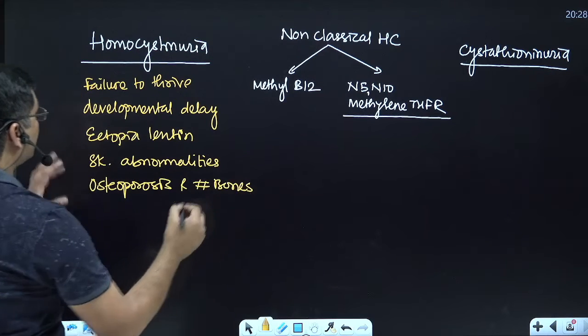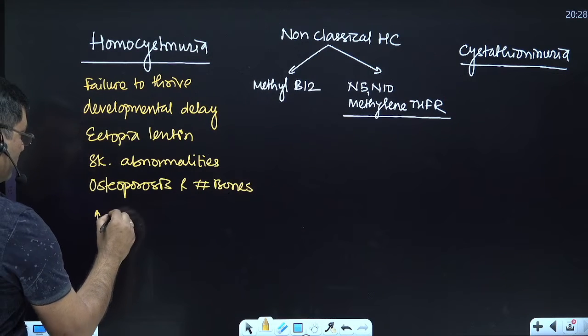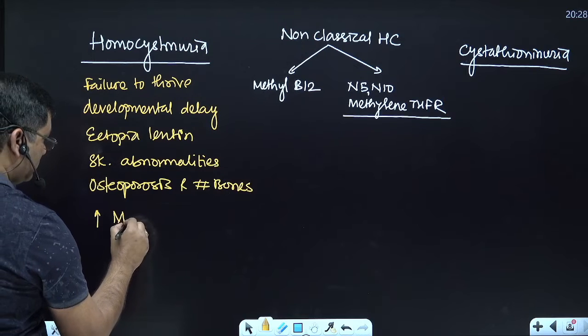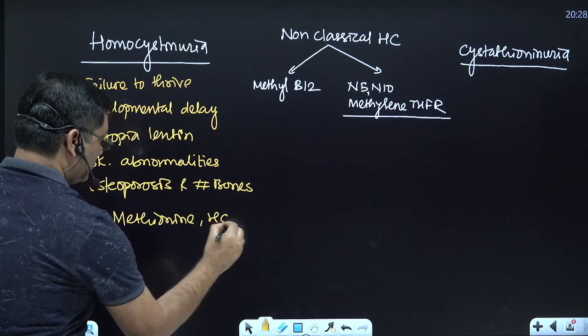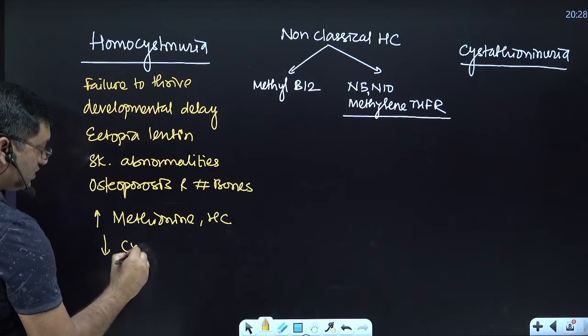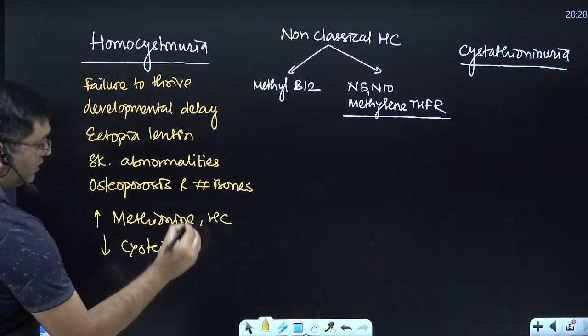These are the symptoms. There is an elevated level of methionine and homocysteine, and a decreased level of cysteine in the blood.